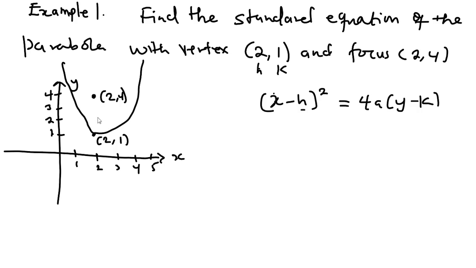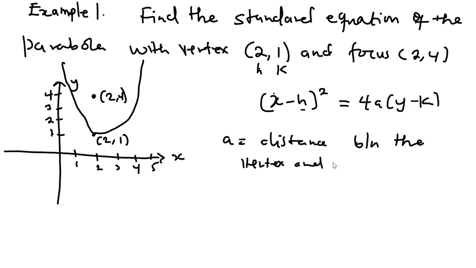Now how do you find the a from this part? The a is equal to the distance between the vertex and the focus. So the distance from this point to this point is going to be our what? The A. So the A is represented by that.